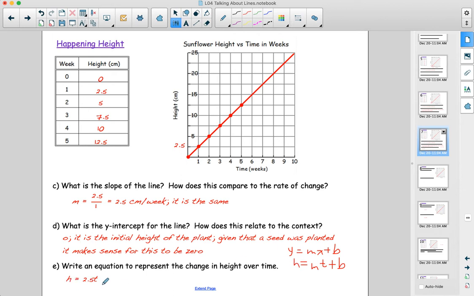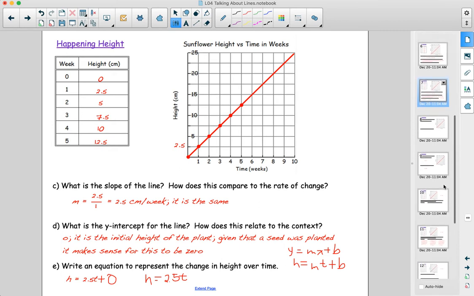So h equals 2.5 because that's the slope, t, we could put plus 0 because that was our initial condition, but in the end that's just going to simplify to h is 2.5t. All right, there's our equation. All right, let's move forward.